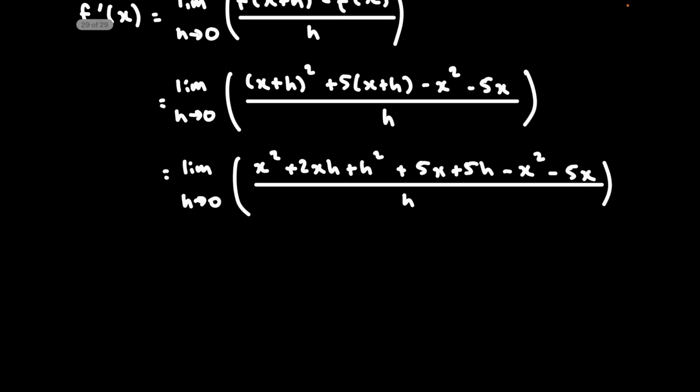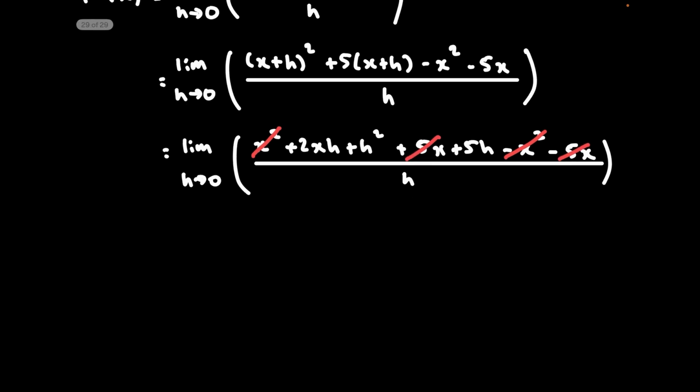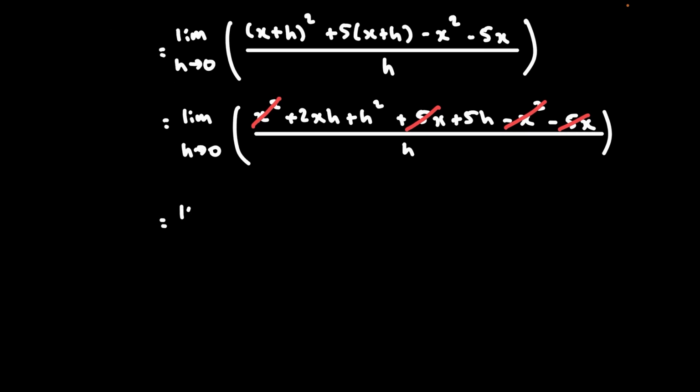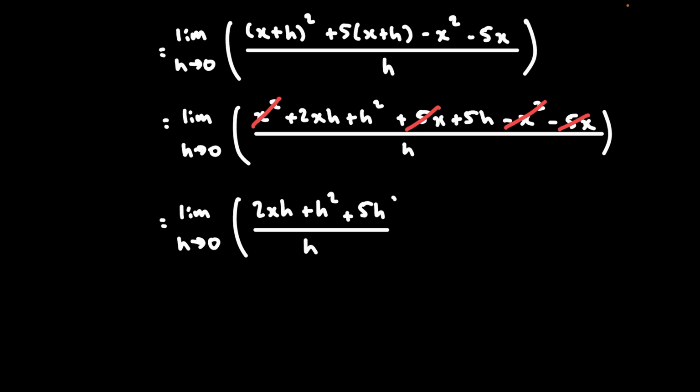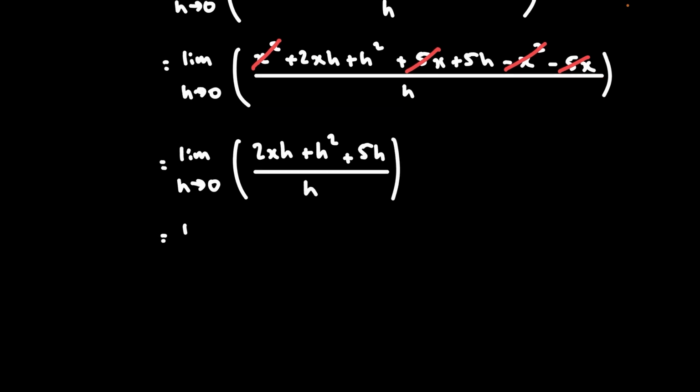We can see that there is x squared and x squared that we can cancel, and we can also see there is 5x and 5x that we can cancel. If I simplify this out, we have the limit as h approaches 0 for 2xh plus h squared plus 5h, all over h.